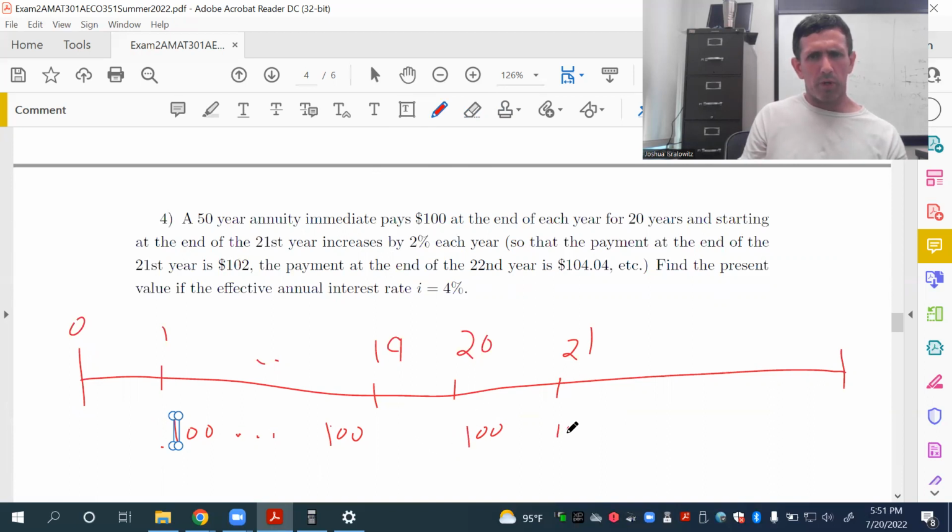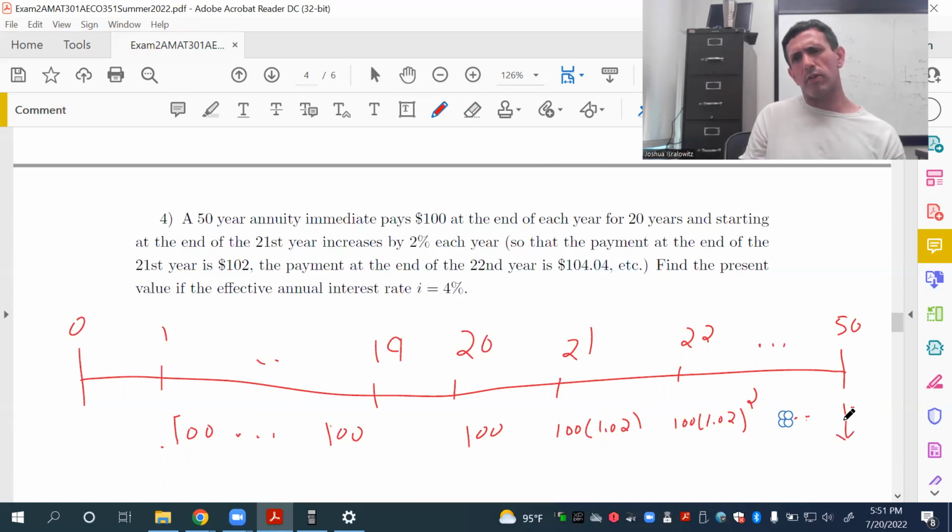So this is going to be 100, 1.02. I'll do another one. 1.02 squared. All right, so what's the payment here? I usually write an arrow for present value or accumulated value.